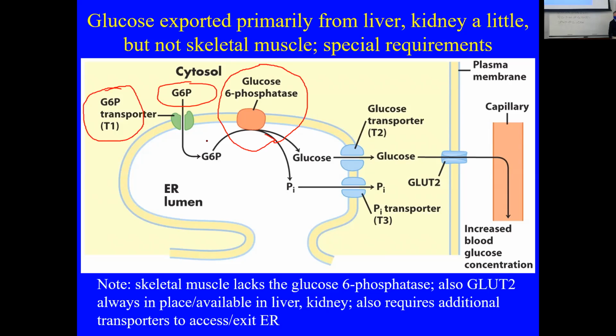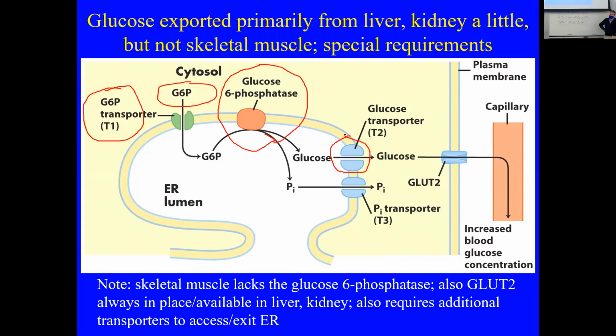We now have glucose, but it's present in the ER, and to get it out of the ER, we need yet another transporter, the glucose transporter T2, which is present in the membrane of the endoplasmic reticulum. We now have glucose present in the cytosol, and it can exit the cell through the GLUT2 transporter. As mentioned previously, the GLUT2 transporter is found in liver cells, hepatocytes, and in the pancreatic beta cells.